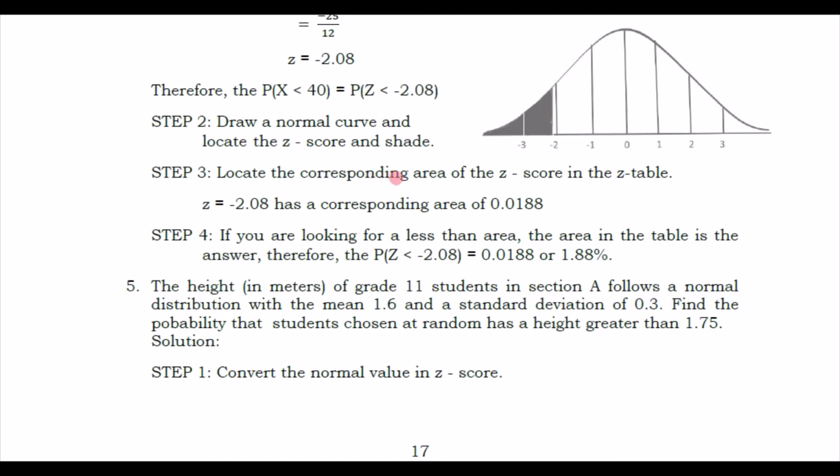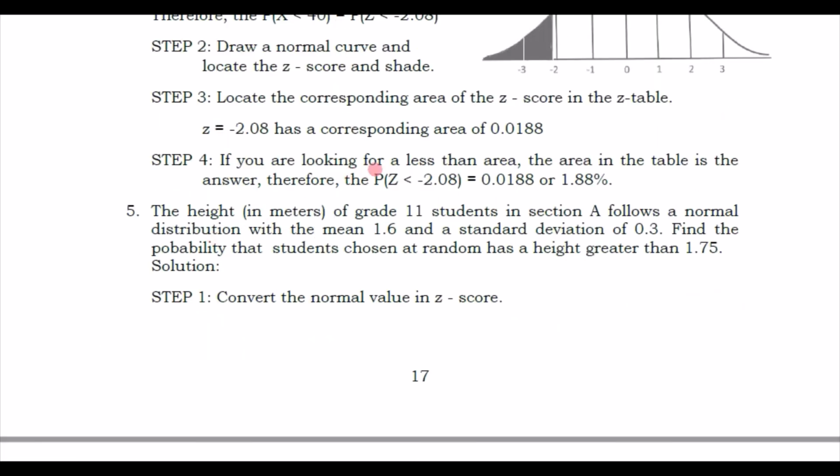Okay? Locate the corresponding area in the z-score in the z table. So, ilocate na natin para malaman natin yung area. Hanapin natin yung negative 2.08 sa z-table and that is 0.0188. Okay? In percent, that is 1.88%. So, ganun kalaki yung probability area.